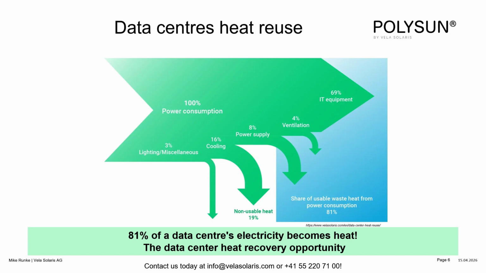Now, for the key figure here, 81% of data centers' total energy consumption is generated as usable waste heat. So, when we're thinking about data centers' power consumption at scale, that is a staggering amount of energy because they run 24/7. So, the energy that is all too often released into the environment via cooling towers, for example, is not how we want to use that amount of energy.